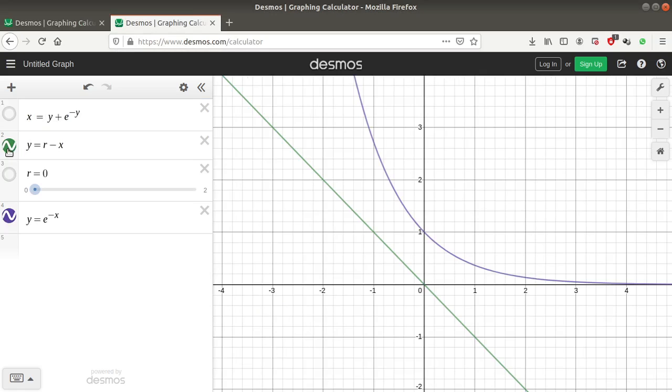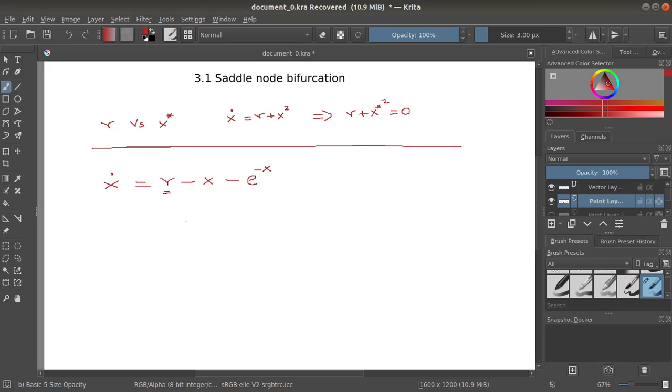Okay, so let's unplot all those things, and if we see the equation once again, this is the equation, and what we have to do is draw the bifurcation diagram. And how do we draw the bifurcation diagram? We draw a curve by making this x dot equal to 0, so that at that time x becomes x star.